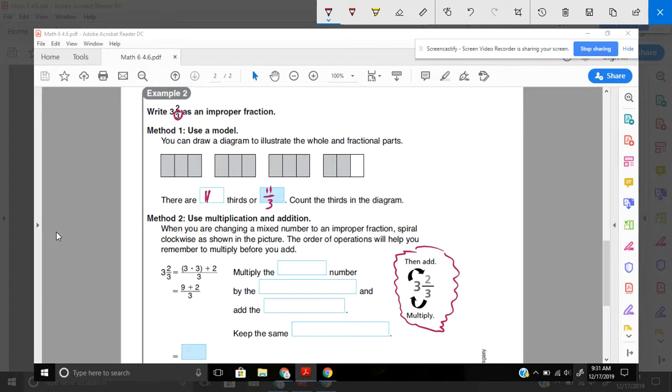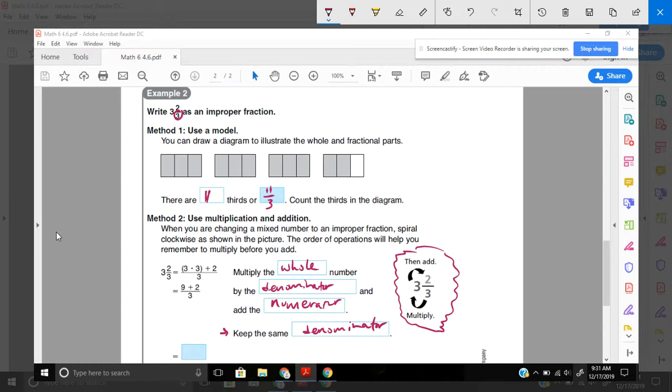Okay? So multiply the whole number by the denominator, which shows right here, whole number times denominator, and add the numerator. Lastly, keep the same denominator.